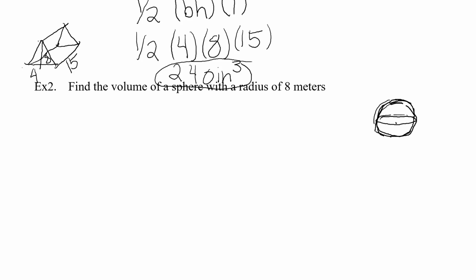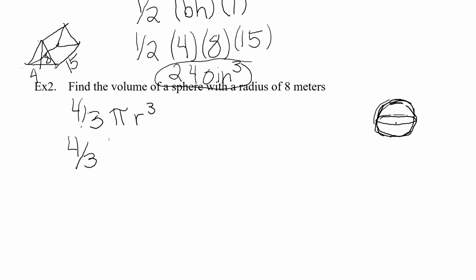So you guys have these formulas, so we know that the formula for the volume of a sphere is going to be 4/3 pi r cubed. Okay, so now we're going to plug in our variables.